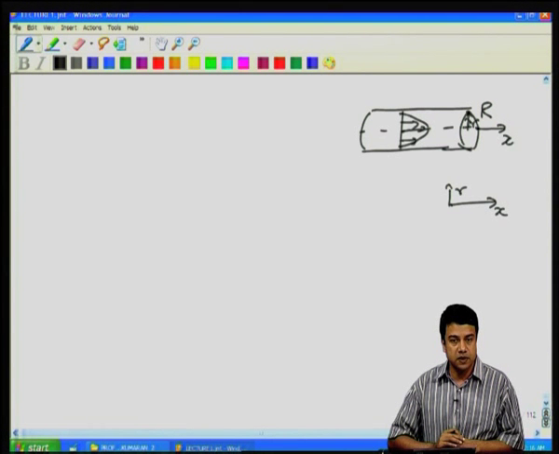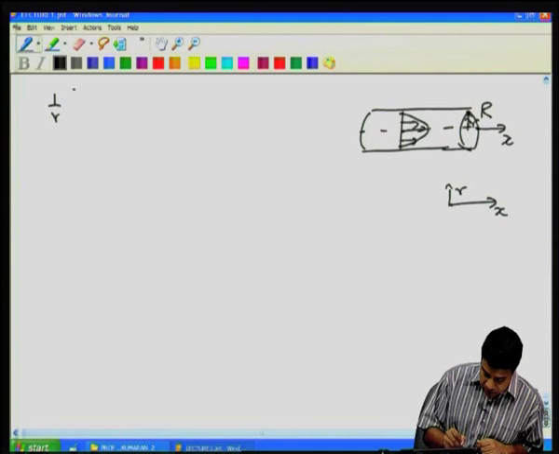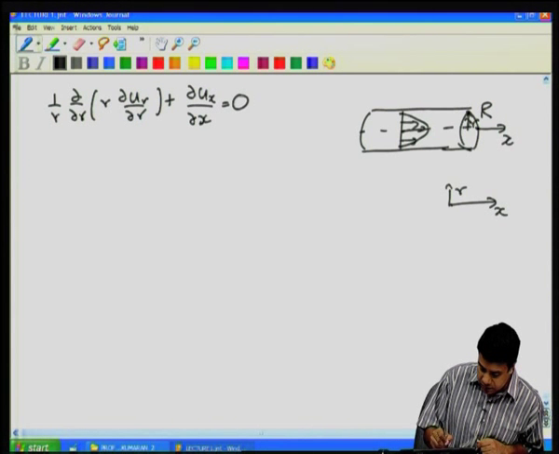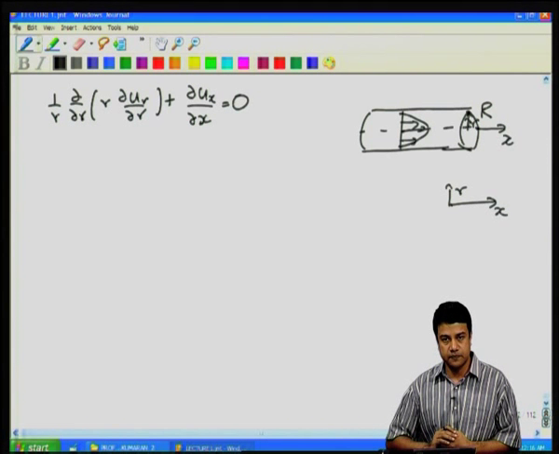Mass conservation equation in cylindrical coordinates: 1 by r d by dr of r times u r, plus partial u x by partial x is equal to 0. This is the divergence in a cylindrical coordinate system.